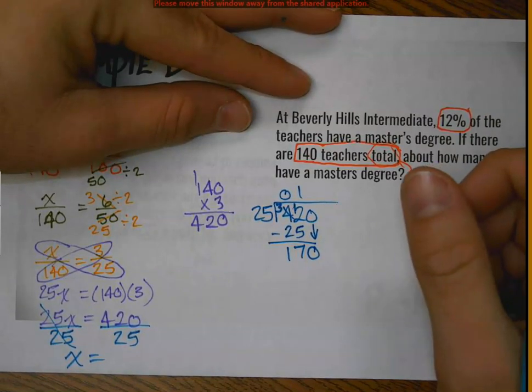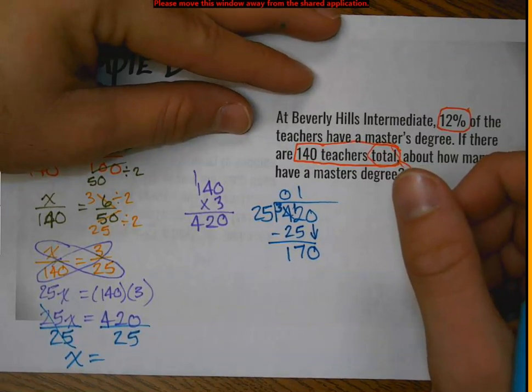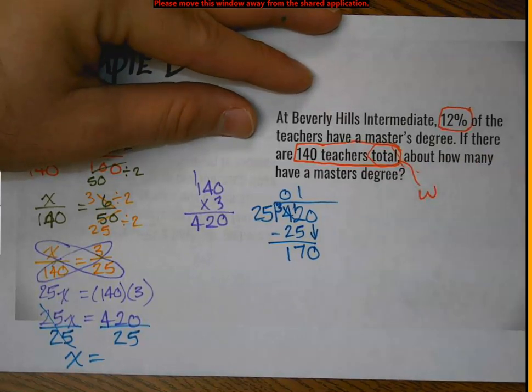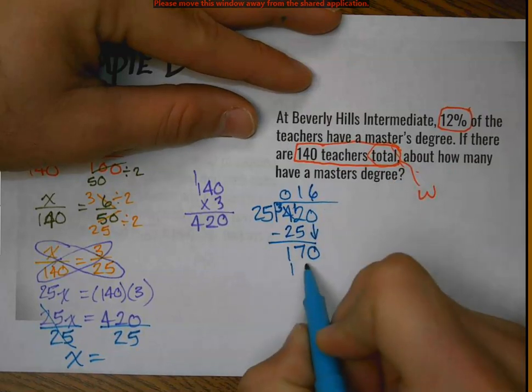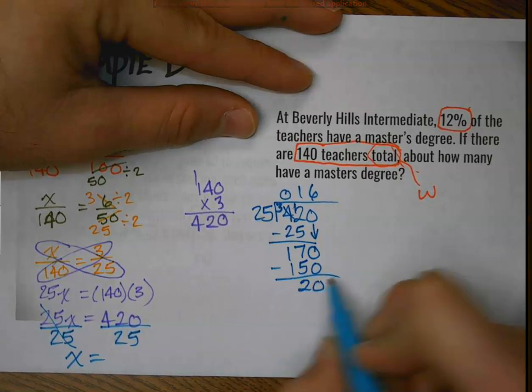So if I have 4 quarters, that's 100. If I have 5 quarters, that's 125. If I have 6 quarters, that would be 150. And I can't go any higher than that without going over. If I had 7 quarters, that would be 175, and that's too much. So this is going to be 6, and that gives me 150. Subtract, and you get 20.